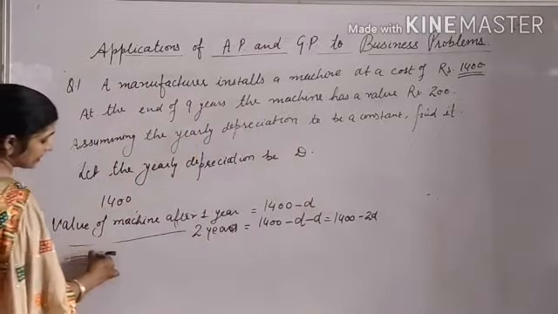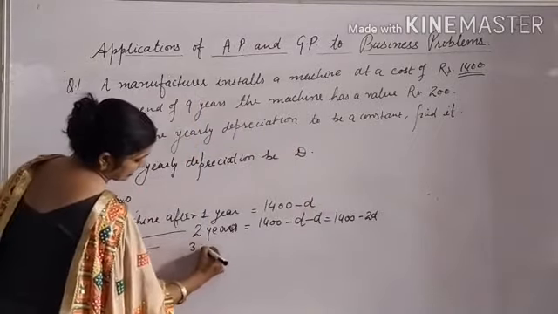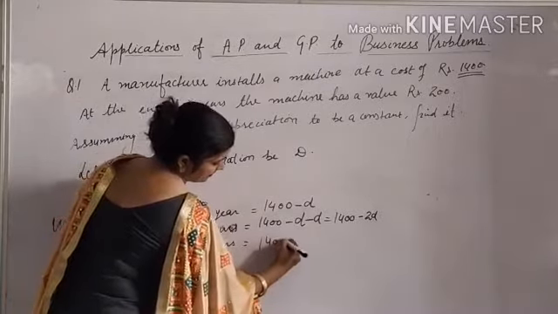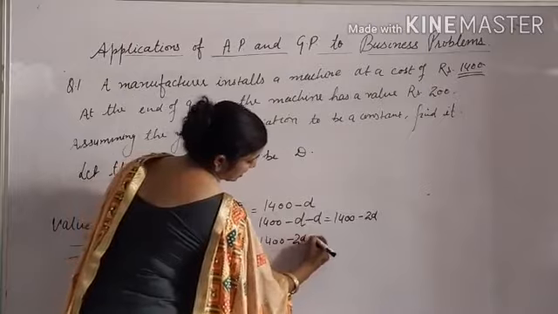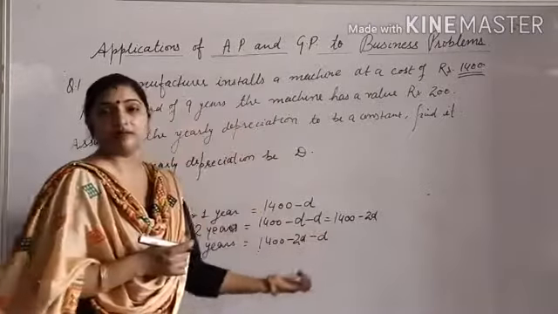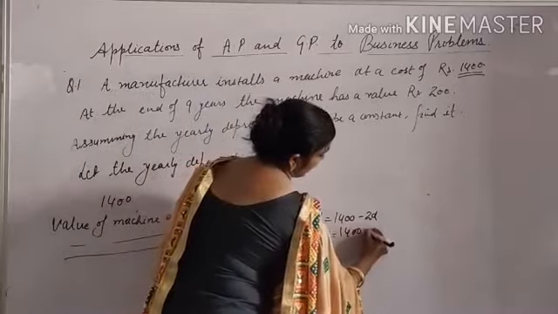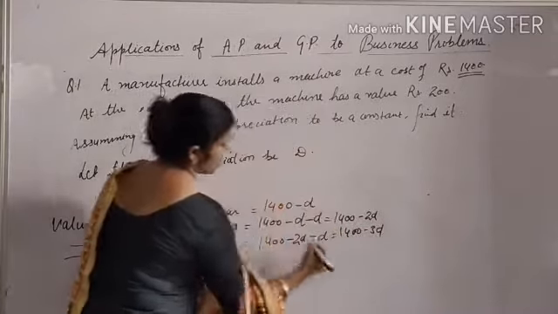Similarly, the value of the machine after 3 years: it again depreciates by rupees D, because this is the annual depreciation. So it is 1400 minus 3D, and so on.